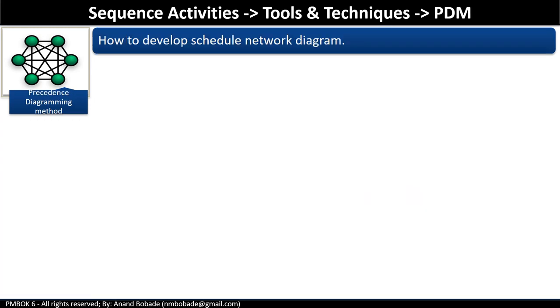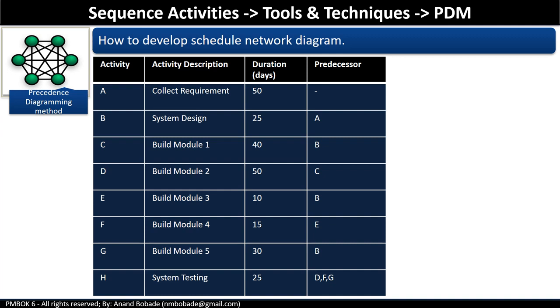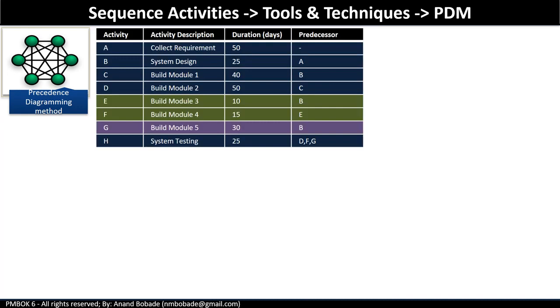Let's take a simple example to build a project schedule network diagram. Think of a software application which goes through requirement gathering, system design, software development, and system testing activities. You can see the activity list on the slide along with their predecessor activities. So the list of activities that I mentioned earlier all are listed over here. Let's build the project schedule network diagram using this activity list.